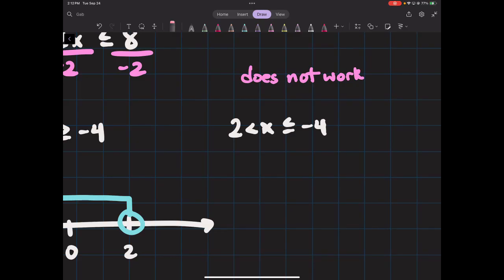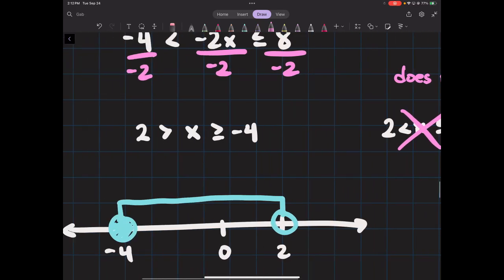Like, did you plug it in? Yes, you could try numbers. You need to be plugging numbers. This one is saying a positive number is smaller than a negative number. That does not make any sense. So automatically it's a mistake. That's wrong. So think about what you wrote down.